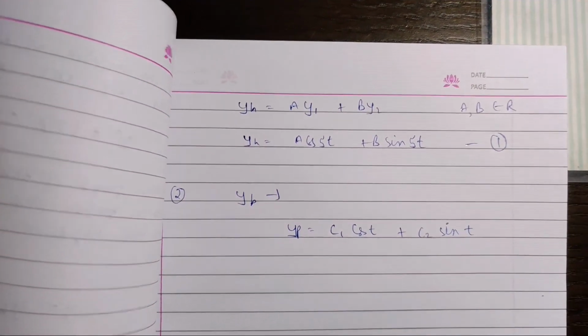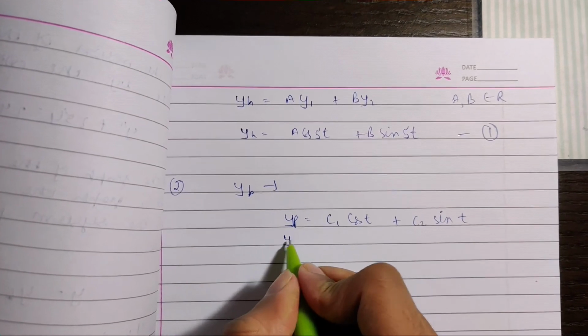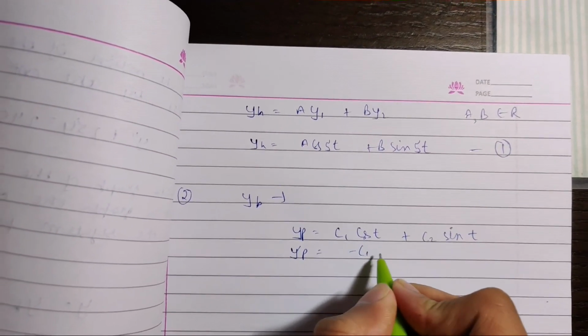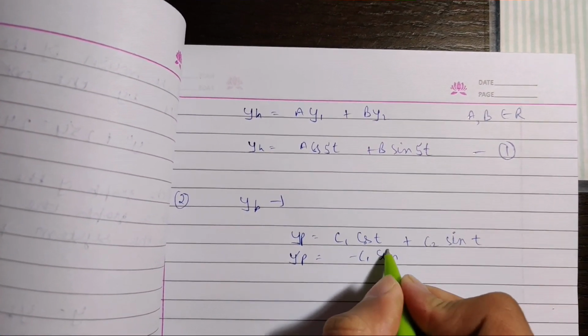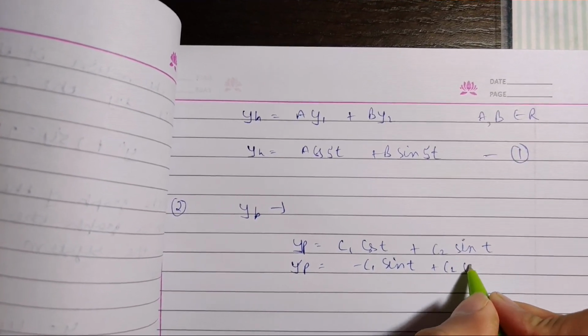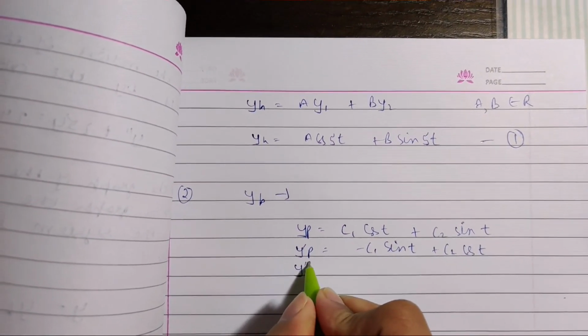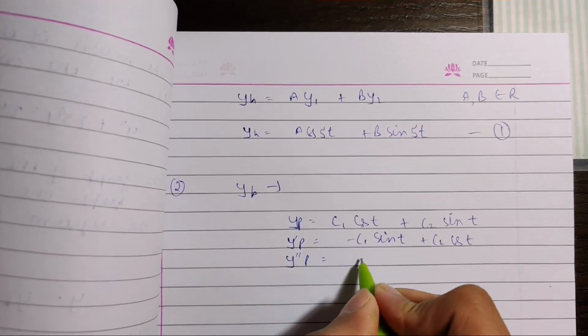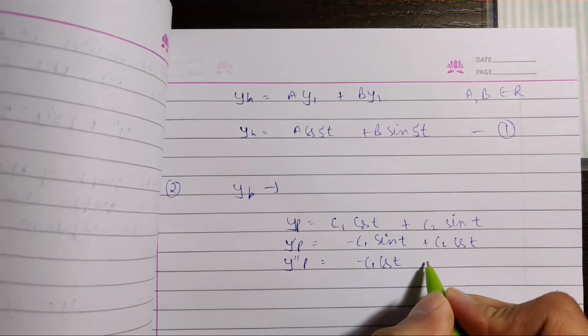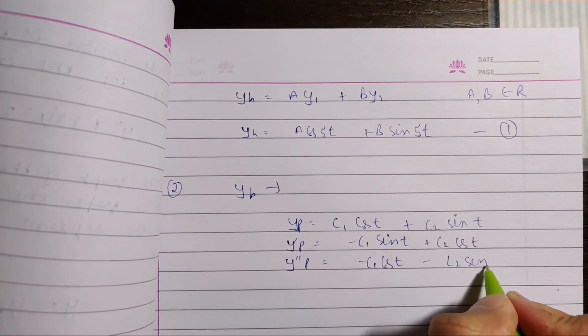Differentiating it with respect to time, it will be y dash p is equal to minus c1 sin t plus c2 cos t. Differentiating again with respect to time, it will be minus c1 cos t minus c2 sin t.